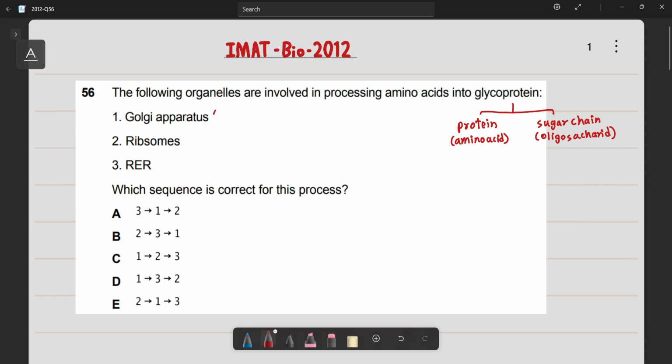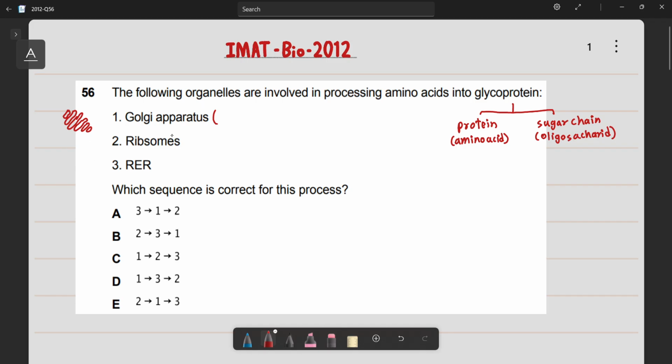The basic definition of these three organelles is that the Golgi apparatus is made of membrane-bound flattened sacs. You might see there's a gradual increase in size and then it gradually decreases in size. This arrangement and shape is known as cisternae.